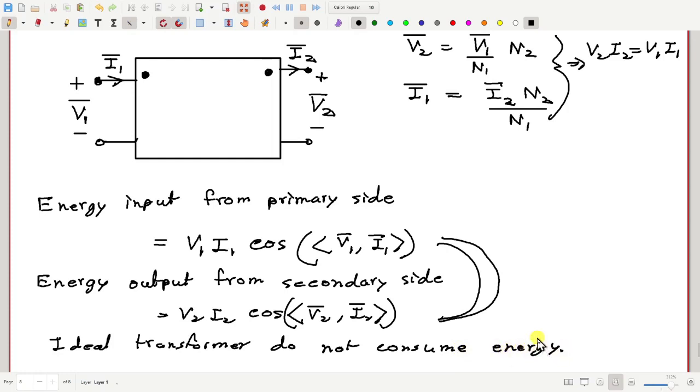Not only that, here we are basically talking about average energy, because V I cos theta is the expression of average energy for sinusoidal quantities.